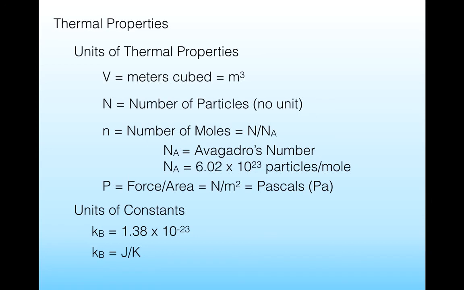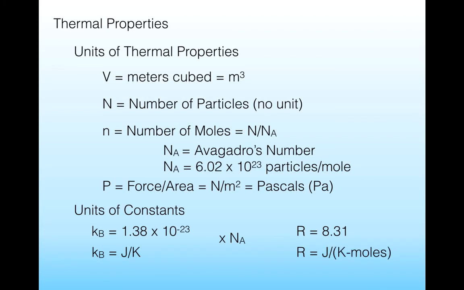We can convert the equation of state from the number of particles to the number of moles by multiplying by Avogadro's number, which is particles per mole. If you multiply this 1.38 times 10 to the minus 23 by Avogadro's number, 6.02 times 10 to the 23 particles per mole, you get this R value of 8.31.